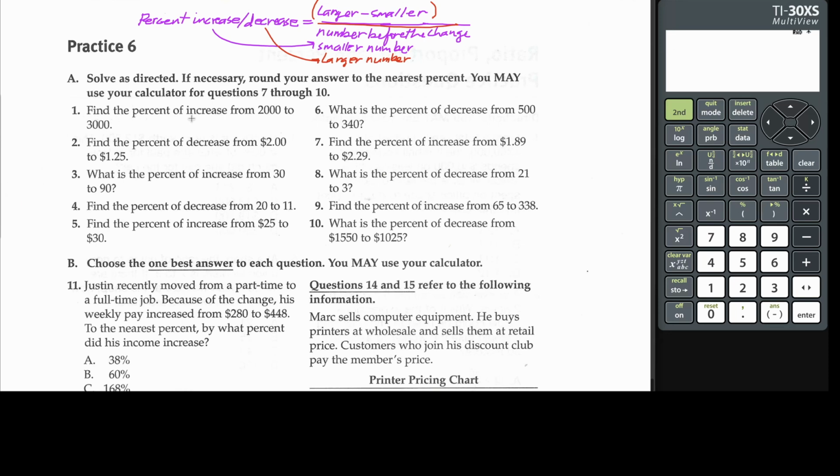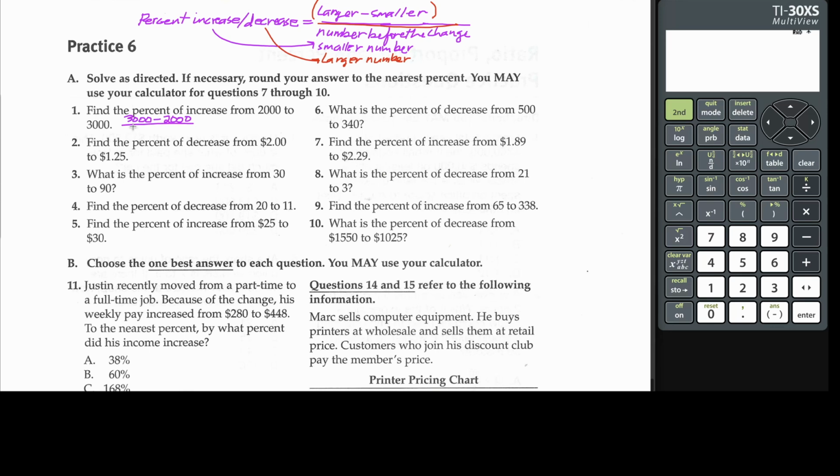Find the percent of increase from 2,000 to 3,000. So in this case, you see percent increase. So we have to subtract the difference, we have 3,000, take away 2,000, divide that by the smaller number because it's an increase.